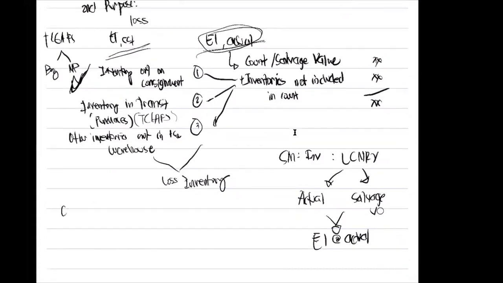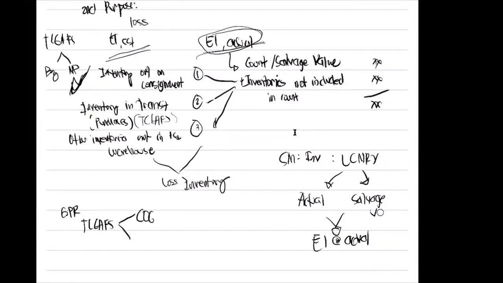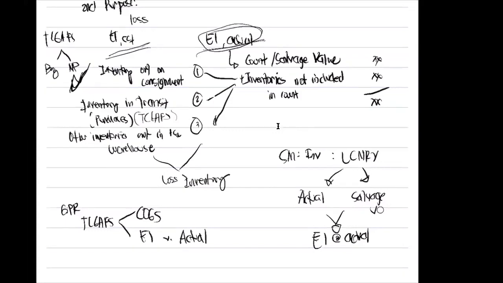Based on your gross profit rate, you get your total cost of goods available for sale, then get your cost of goods sold first, and then your ending inventory. Your ending inventory computed as estimated will be compared to your actual inventory. Okay, so let's have an example.